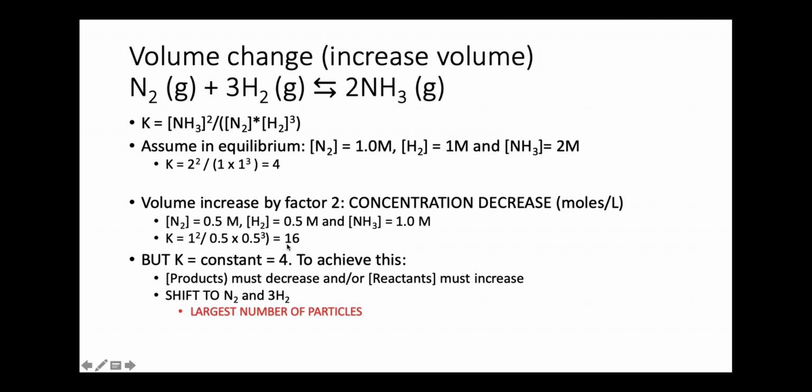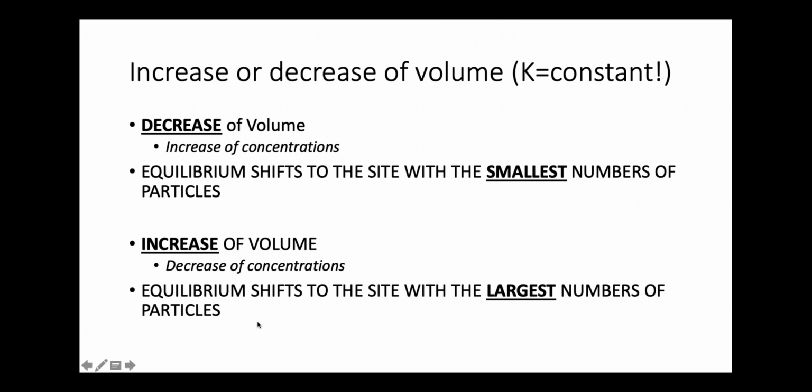But K must be 4, because it only changes when the temperature changes. So how do I come back from 16 to 4? Either I decrease my products, because it's products over reactants, or I increase my reactants. The reactant side has the largest number of particles: 1, 2, 3, 4 particles, and on the product side I have 2 particles. So increasing the volume, my equilibrium shifts to the side with the largest number of particles.